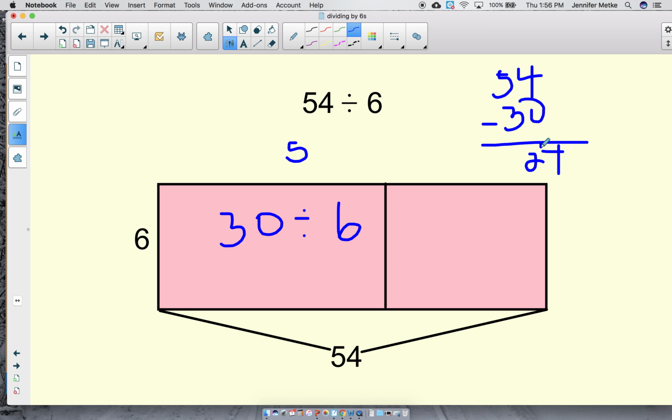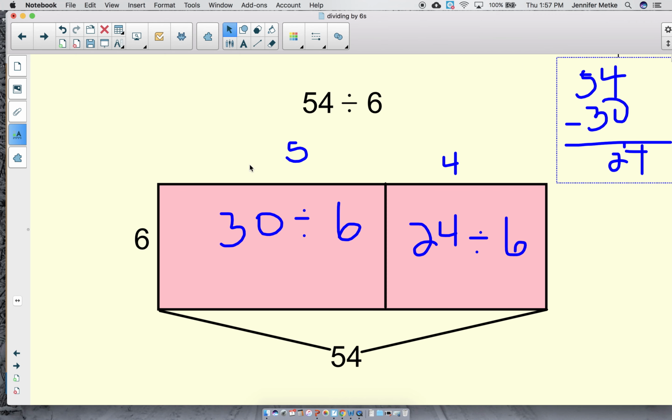So that means that this area here of the rectangle is representing 24 divided by, and it's still 6. The divisor stays the same. And I know 24 divided by 6 is 4. So now all I have to do is take both of those side lengths, this 5 and this 4, and I know that 54 divided by 6 equals 9.